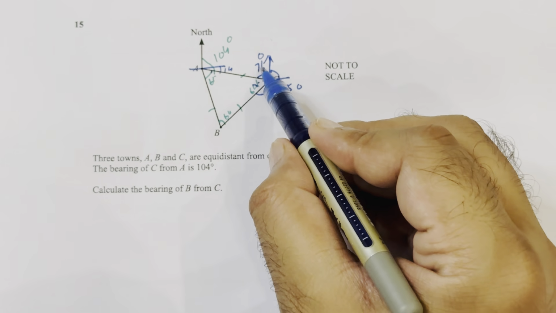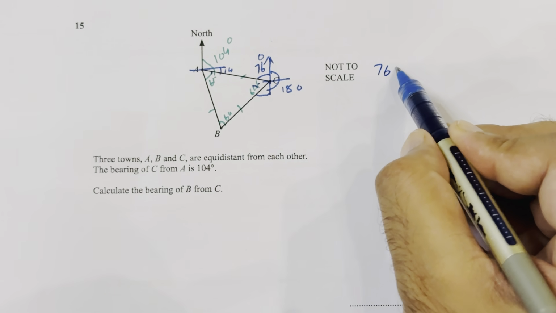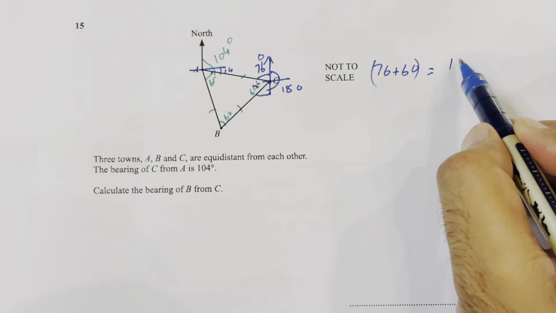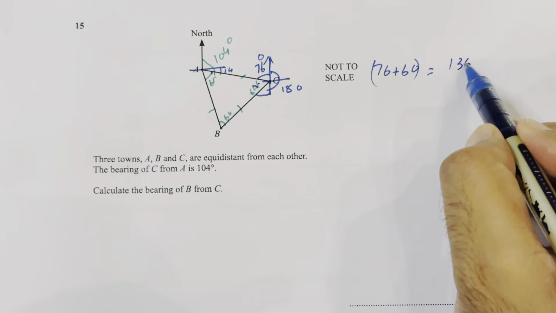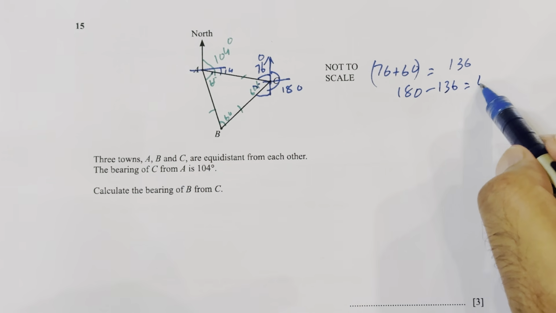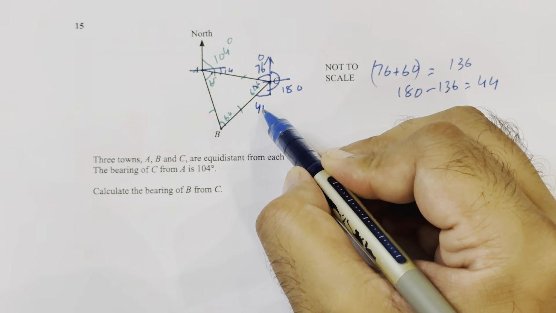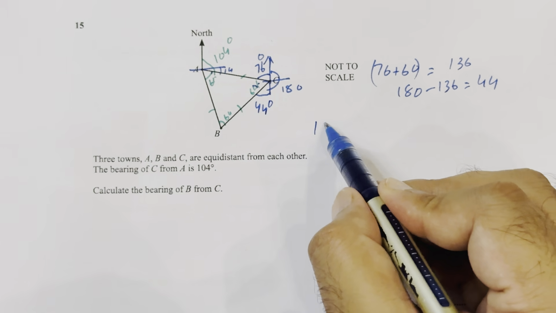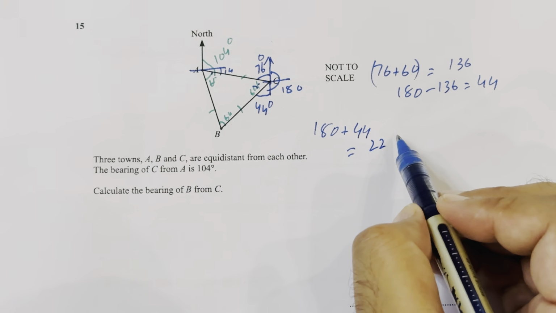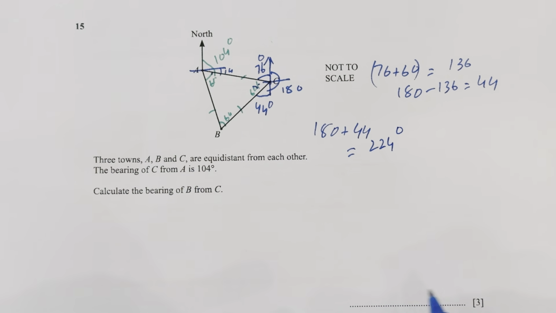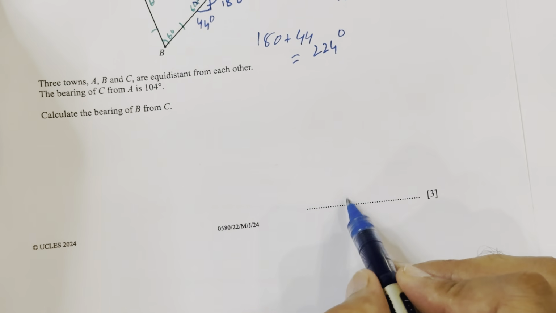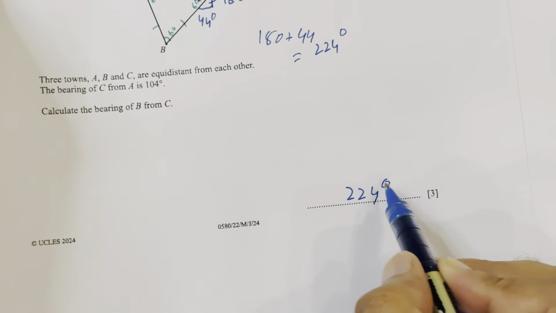Now 76 plus 60 would be equal to 136. We're going to subtract 180 minus 136 to get the value, that is equal to 44. So this angle would be 44. Then the bearing would be 180 plus 44, that is equal to 224 degrees. So the bearing of B from C is 224 degrees.